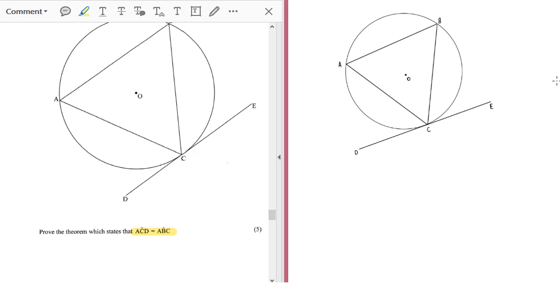So I've just redrawn the structure over here. What we are required to prove is that the angle ACD, so this angle right over here, is equal to the angle ABC, so this angle over here.